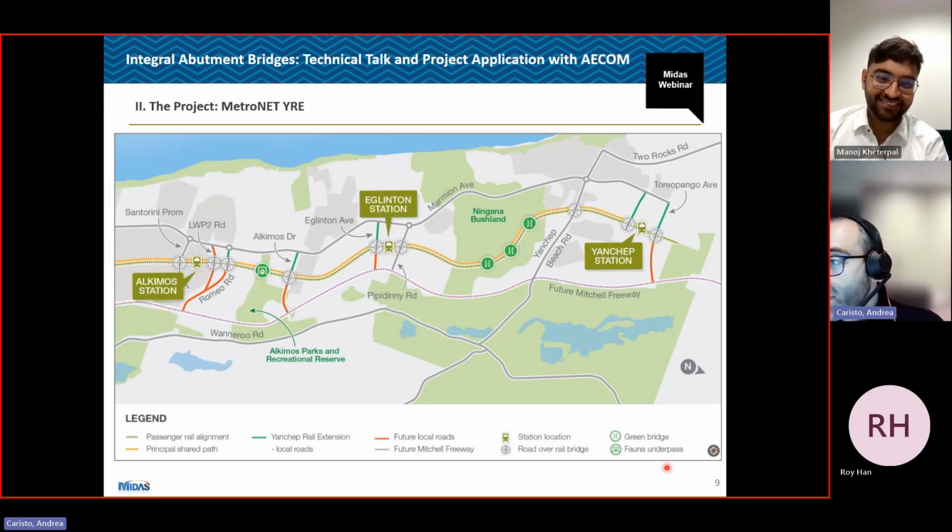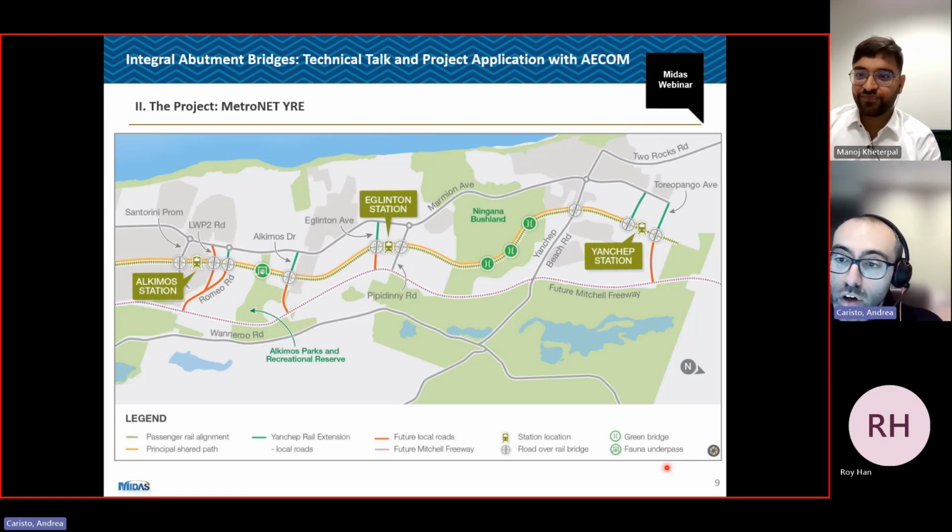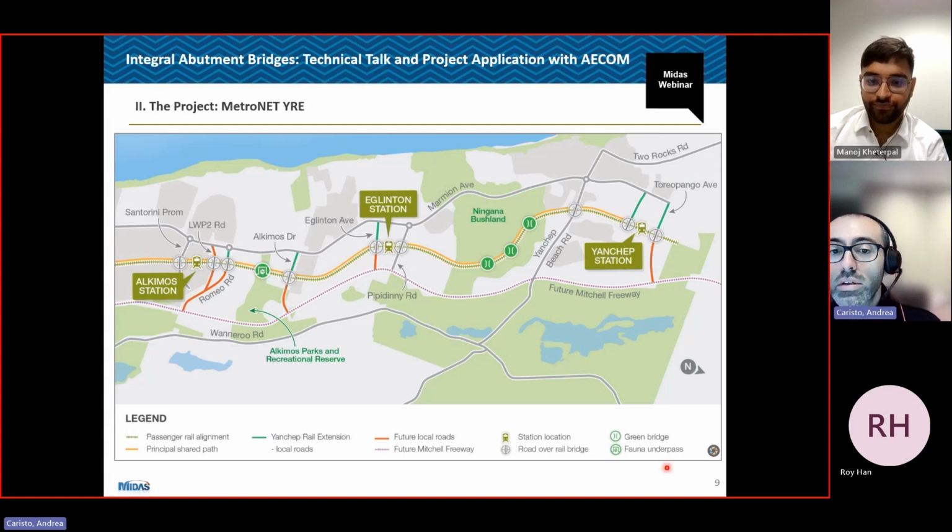I was the technical lead for the design of a number of crossings over the rail that carry either vehicular roads, or interestingly fauna loads, so crossings for animals. There is a total of 13 structures that I've been involved in as technical lead. You can see them circled on the screen there.